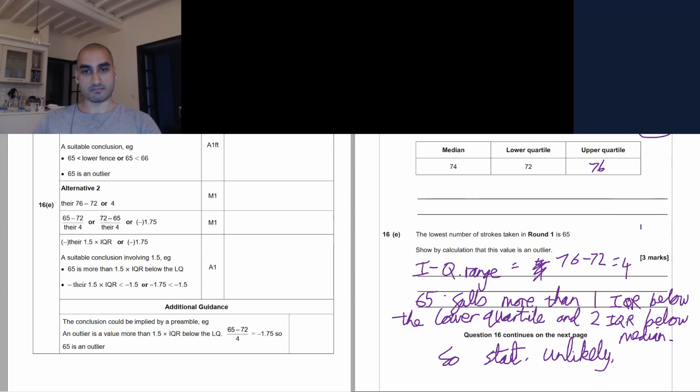Okay, so this thing about the median doesn't matter. Falls more than 1 IQR below. So I'm sort of along the right lines, but I needed to say 1.5 apparently. But I think the conclusion kind of follows from my value that I used. There we go. There, 1.5. My 1.5 was essentially 1. So I get the A1 if I'm allowing my 1.5. Okay. I think 2 marks then.